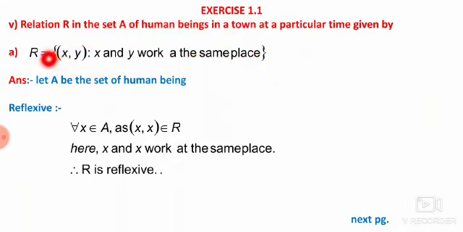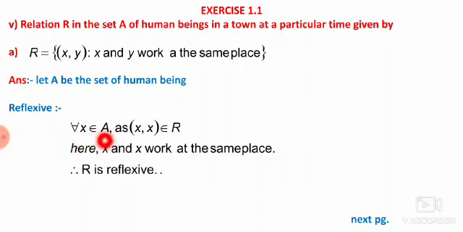Now to determine whether this R is reflexive, symmetric and transitive. Given is A be the set of human beings. You have to check the reflexivity.